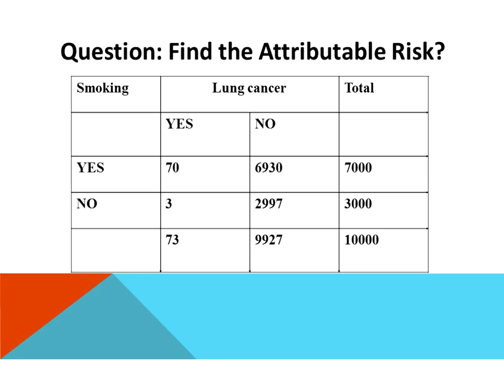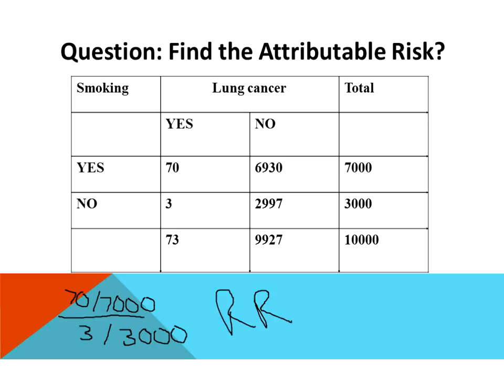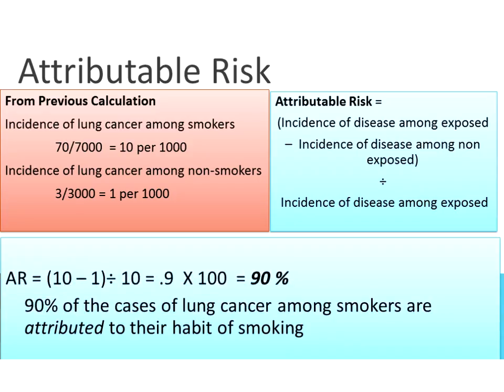So what is our attributable risk? We know that our relative risk was 70 over 7,000 divided by 3 over 3,000. And this was our relative risk. What is our attributable risk?